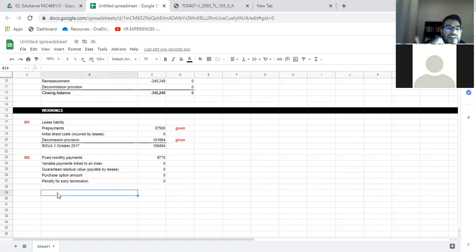We want the present value of the lease liability. That's what we want. So therefore, we're going to need a future value, and we will need PMT, we're going to need N, and we're going to need I. So we want the present value. That is what we want.